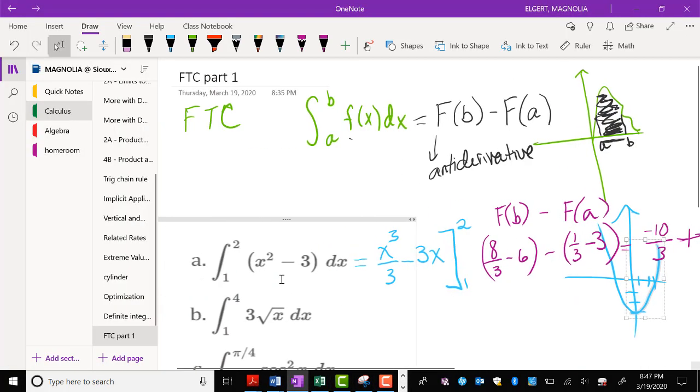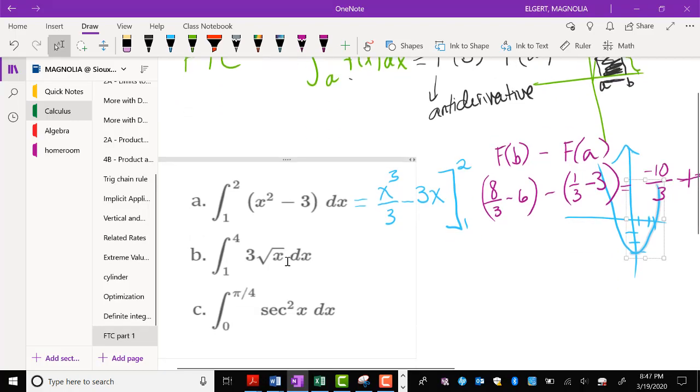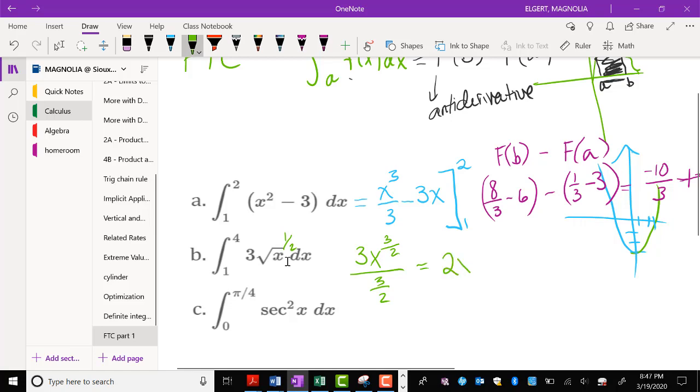We can try another one, and let's see what we got here. So again, first step is antiderivative. That would be 3x. Remember, this is a 1/2 power, so if we add 1, that's 3 halves. Divide by 3 halves, which if I rewrite that, that's just going to become 2x to the 3 halves, because those 3's would cancel.